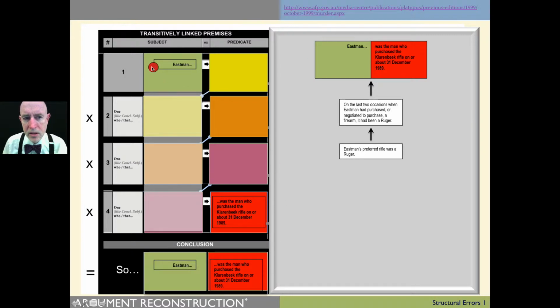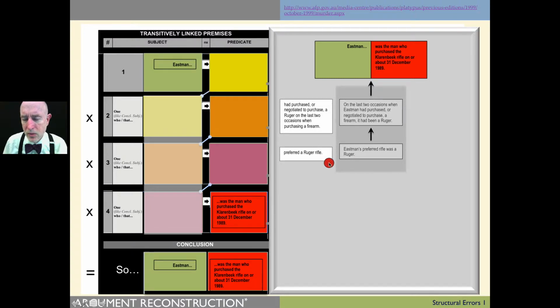Next, we divide it between the subject of the conclusion and down here, the predicate of the conclusion. And then our task is to see what are the stepping stones that will connect this in a logical fashion, looking at what was called the two reasons.